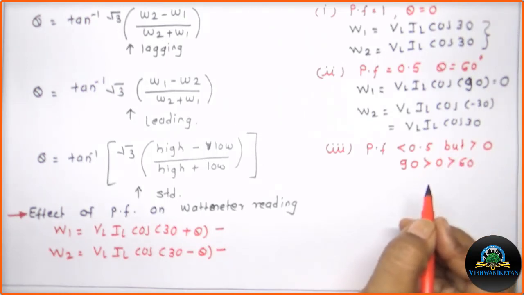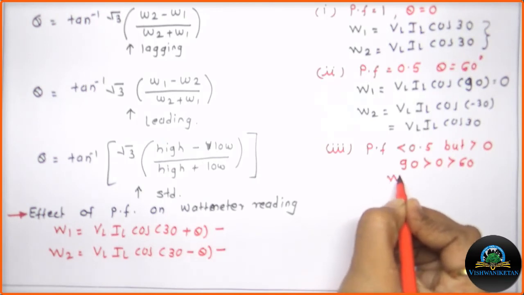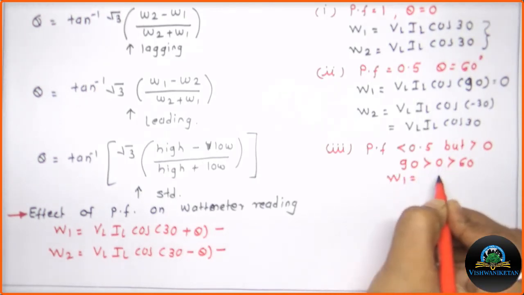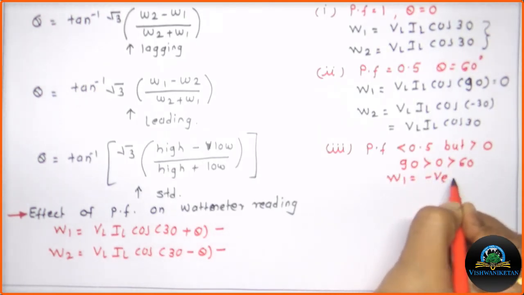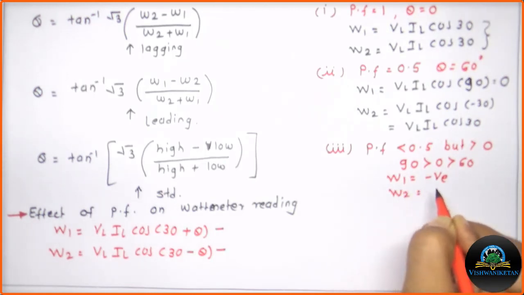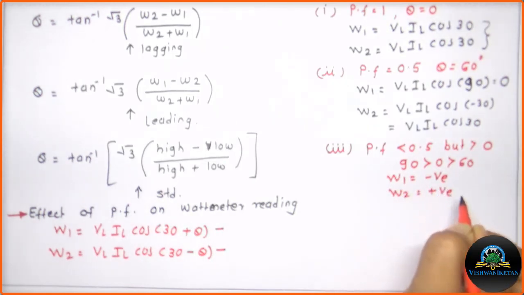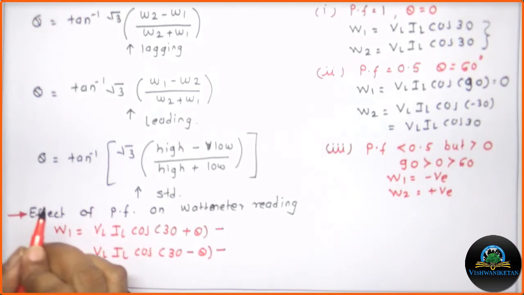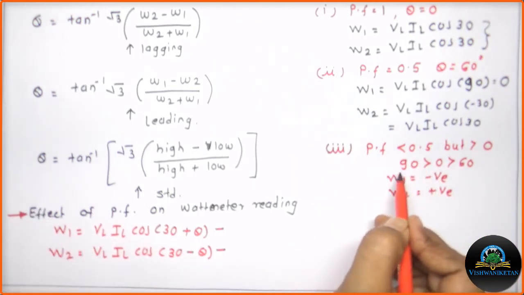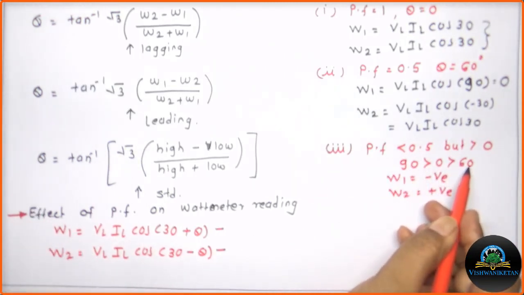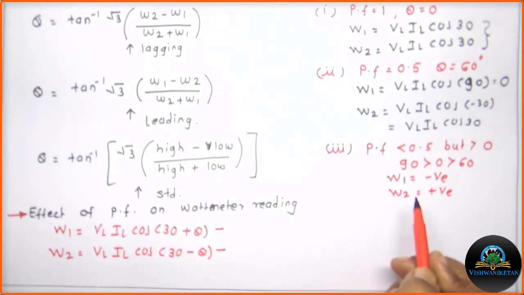In that case, if you substitute the value, W1 will be negative and W2 will be positive. That is the conclusion for when the power factor is in between 0 and 0.5.